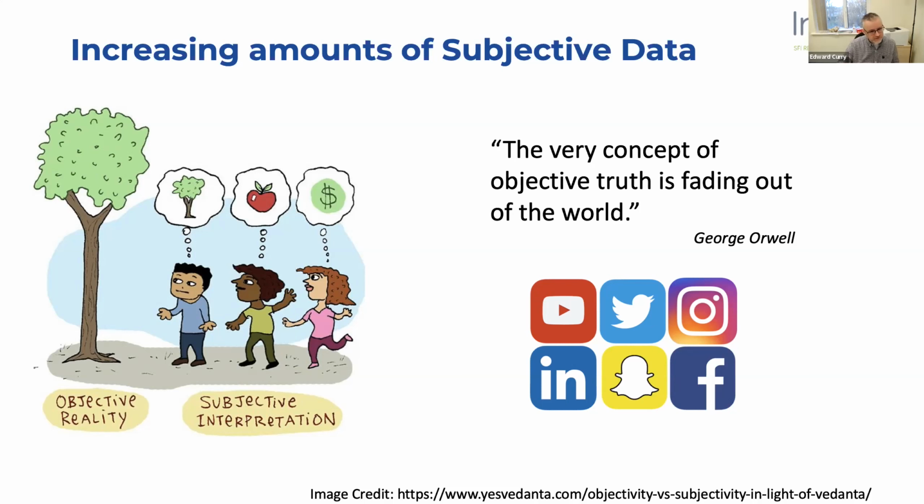I wouldn't quite go that far, but when you start looking at things like social media and the data that's created there, I think we'd all agree that there's definitely a lot of subjectivity there, lots of different perspectives. Lots of those perspectives are valid, and sometimes they're in conflict with one another as well. So we have to recognize that subjectivity and build our systems to be able to work with that. That really is a very significant challenge.